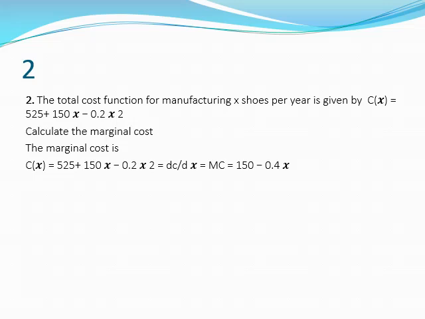This is a differentiation. As we mentioned, the marginal cost equals the differentiation of total cost. Here, it is 0.2x power 2. So a x power b gives a b x power b minus 1.